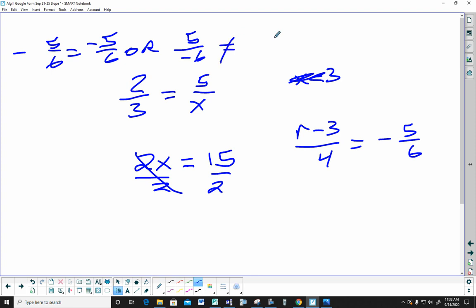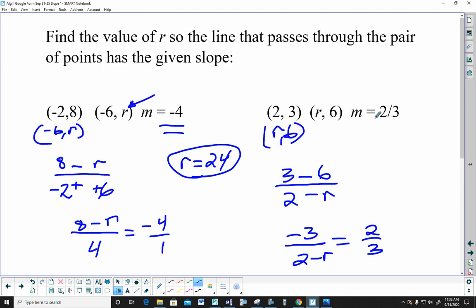It is not negative 5 over negative 6, because that would become positive to give you 5/6. When the negative is sitting in front like that, either put it up or put it down. It's not going to matter. So like back here, if that was negative 2/3, your choice. Either put the negative up or put it down. Just don't put it both places.